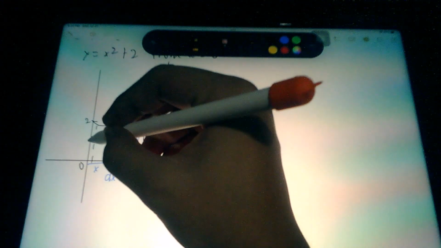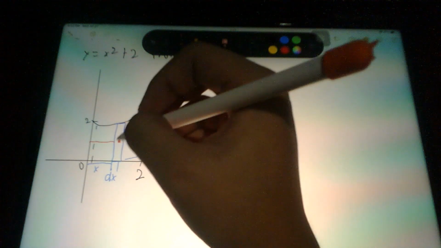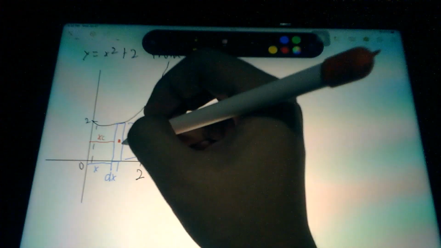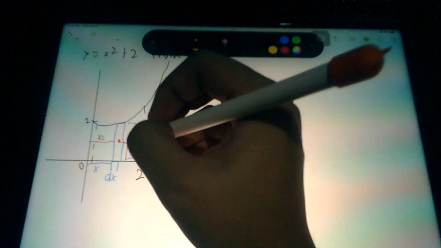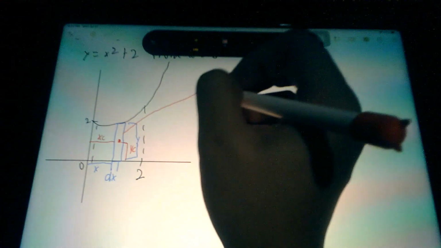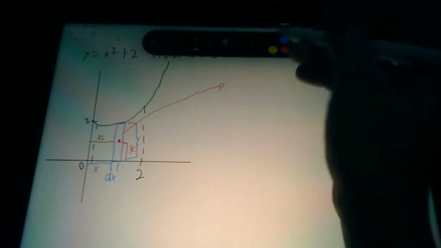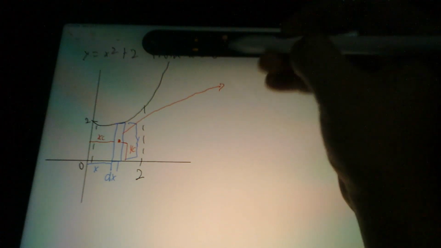So from our origin, from the y-axis to our centroid, this is xc, and from this center to the x-axis, this is our yc. So by putting this outside, let's say, no, it's too thick.